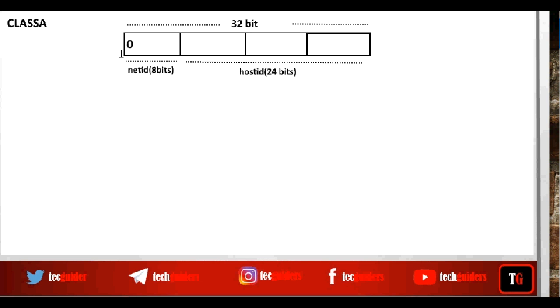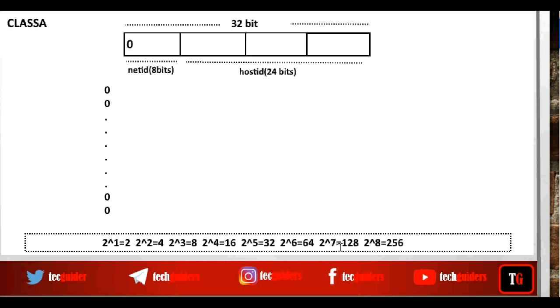Now, having reserved the first octet or the first 8 bits for the network ID portion, exactly how many class A networks can be addressed? The first bit is fixed to be 0. With the remaining 7 bits, we can have 2 power 7 possible combinations or 128 possible combinations from all zeros to all ones. All zeros is 0, 7 ones is 2 power 7 minus 1 or 128 minus 1 is 127.